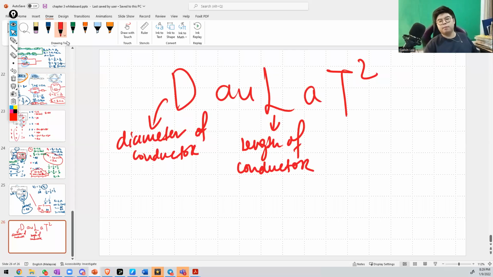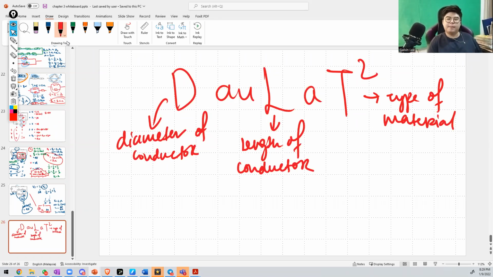T got 2. Number 1. Type of material. Okay, jenis bahan. What do you call it nowadays? You call it resistivity. What is the difference between the word resistance and the word resistivity? Resistivity is fixed. It is fixed to a material.